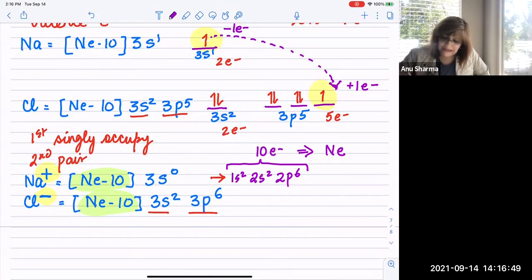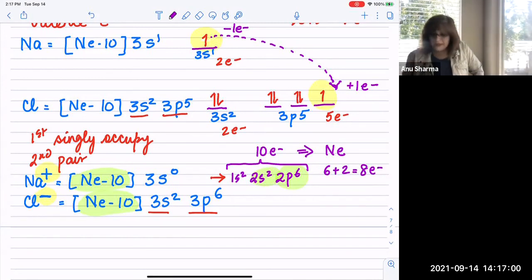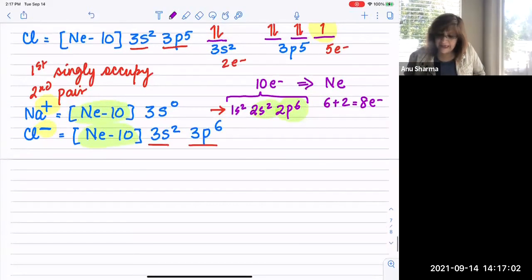Okay, besides that, look at the octet. 6 plus 2, 8. 6 plus 2 is 8 electrons. Okay, so that is, again, the octet is met. So sodium, when it loses electrons, it meets that octet of 8 electrons also.